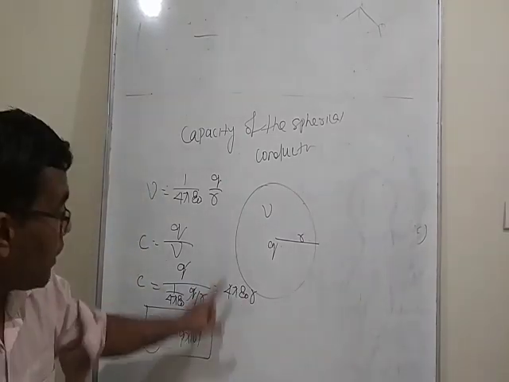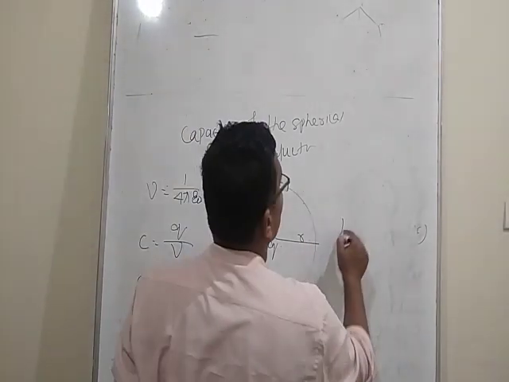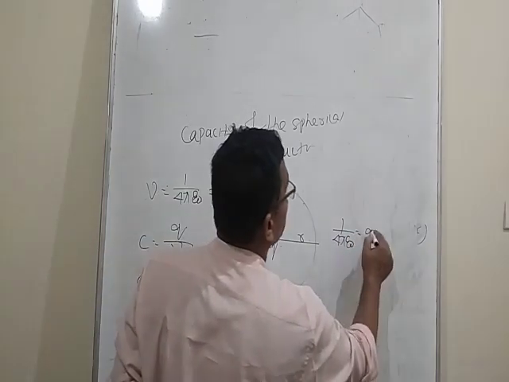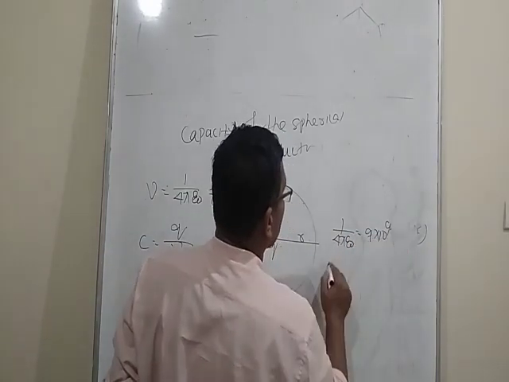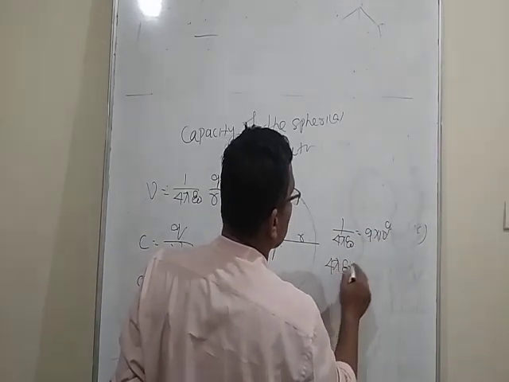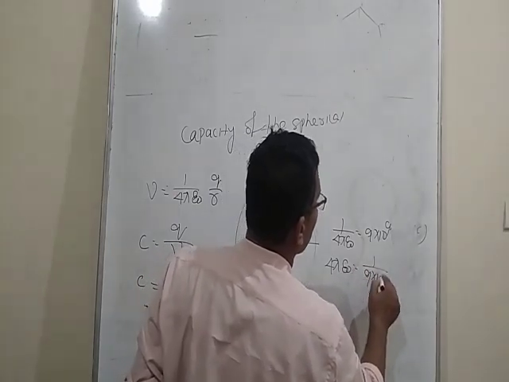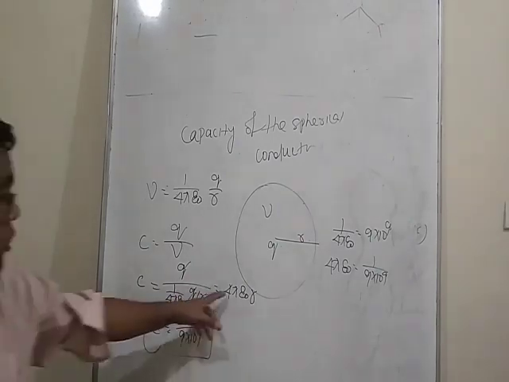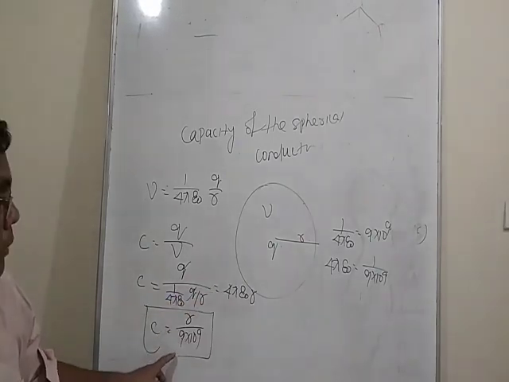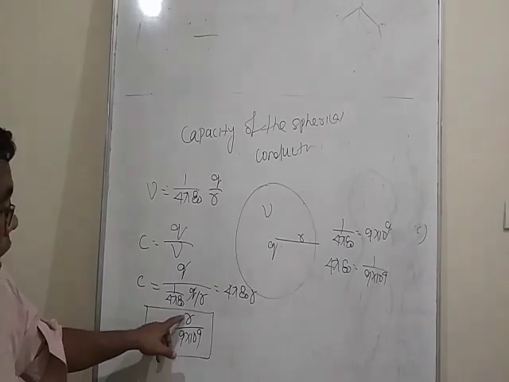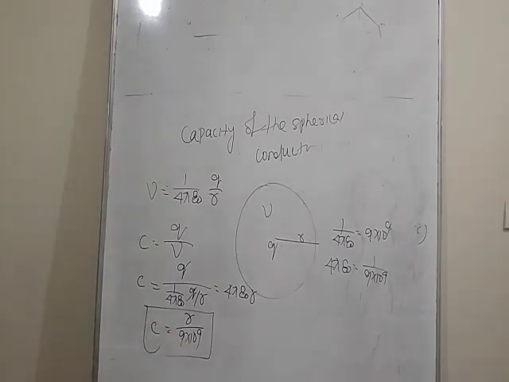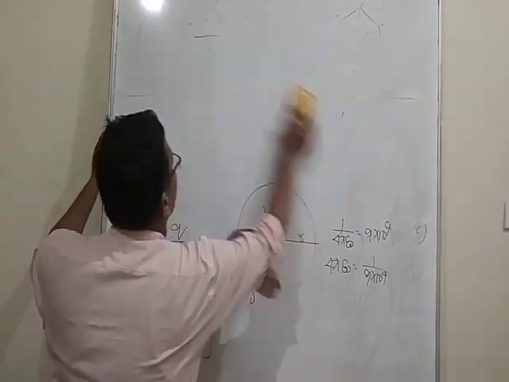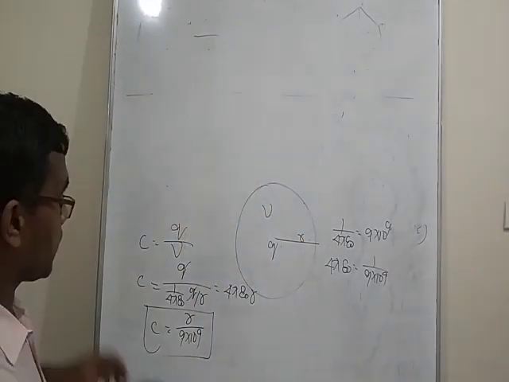We should know that 1 by 4 pi epsilon 0 is equal to 9 into 10 to the power 9. So 4 pi epsilon 0 is equal to 1 by 9 into 10 to the power 9. So C is equal to R divided by 9 into 10 to the power 9. This is the capacity of a spherical conductor.